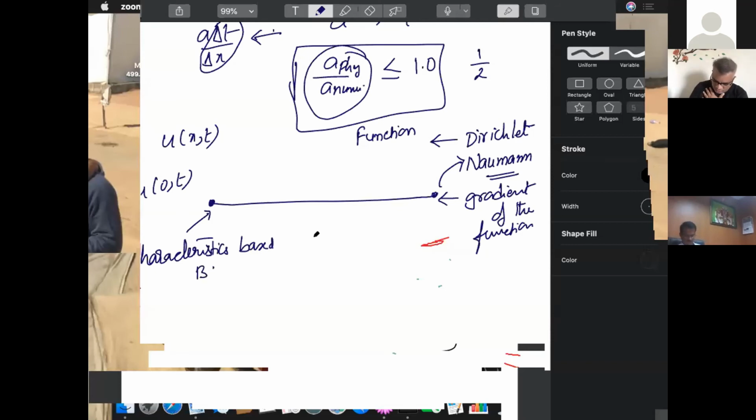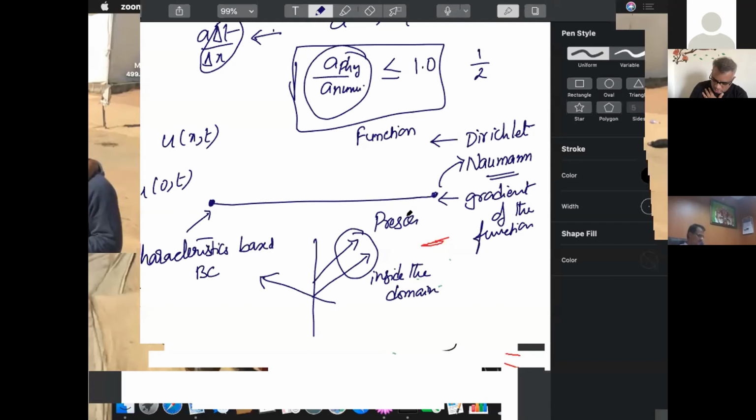So in an NS solver, we see that certain characteristics are coming inside the domain, and certain characteristics are going outside the domain. If the characteristics are coming inside the domain, prescribe the value of the function. You have to give them the values.